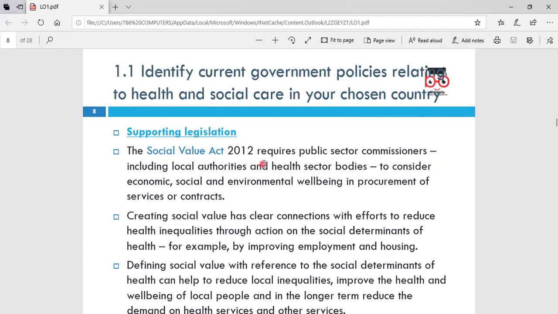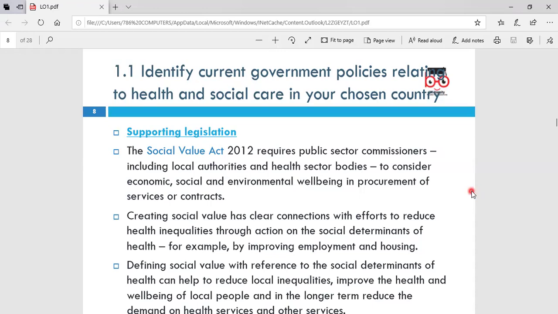We also have supporting legislation, such as the Social Value Act 2012, which requires public sector commissioners, which includes the local authorities and the health sector bodies, to consider economic, social, and environmental well-being in the procurement or achievement of services or contracts.